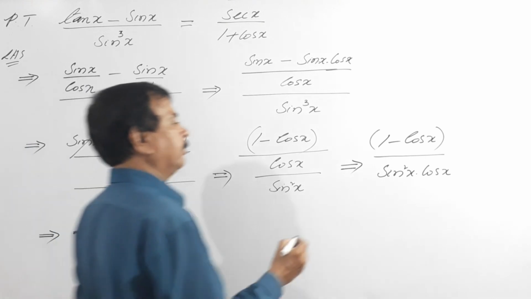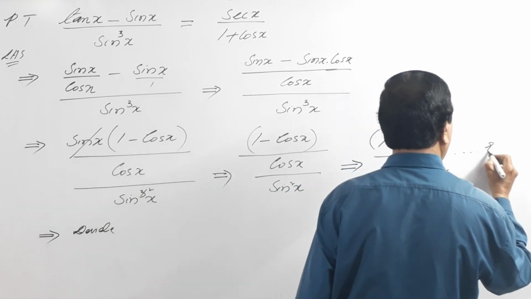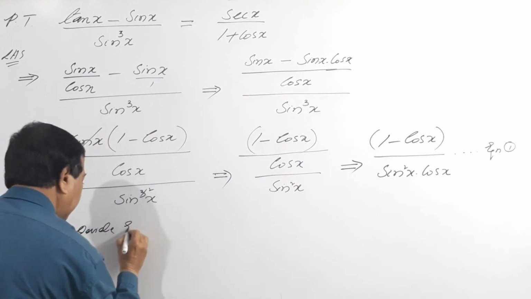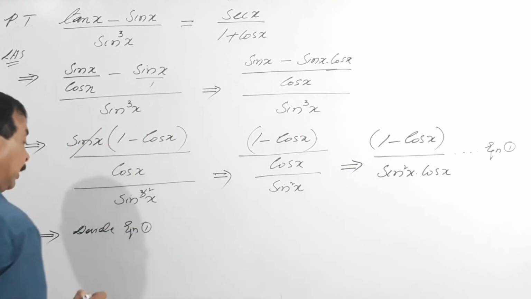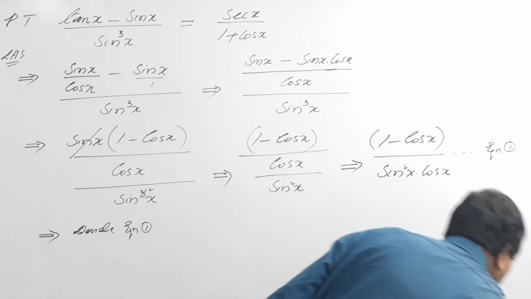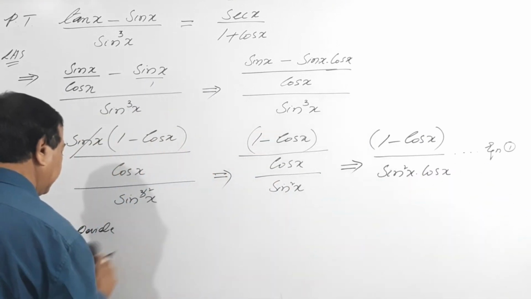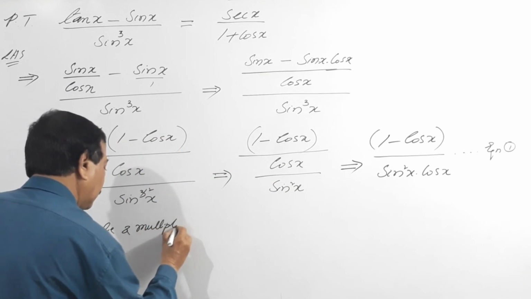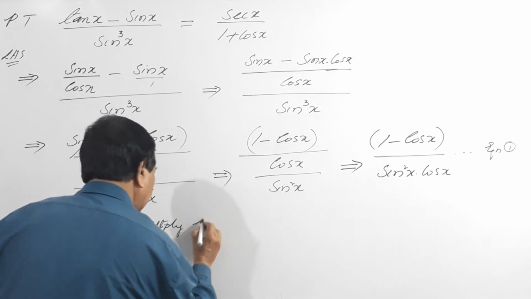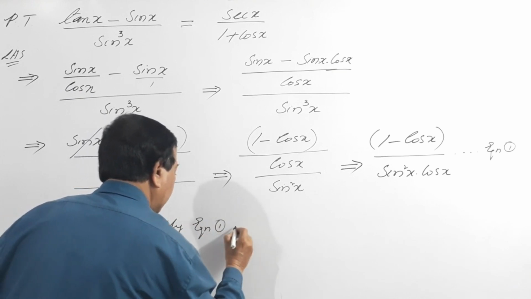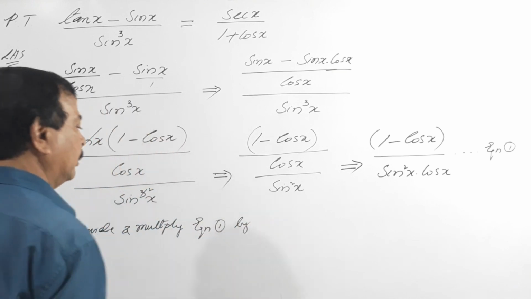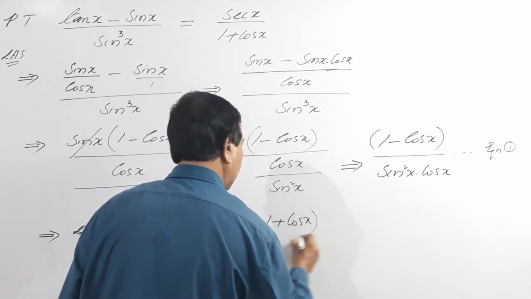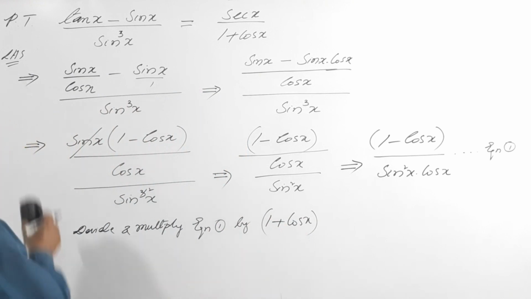I call this equation 1. Divide and multiply equation 1 by 1 plus cos x.